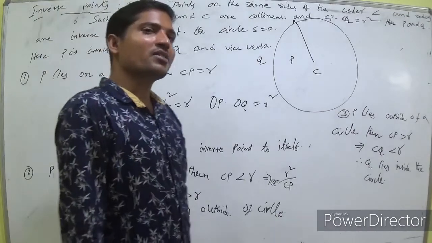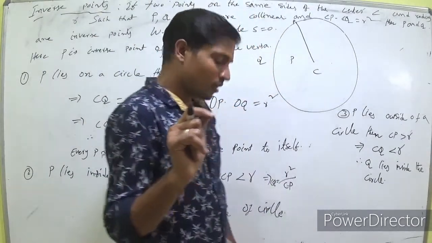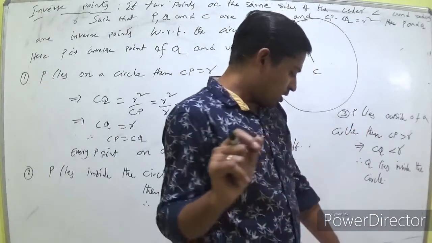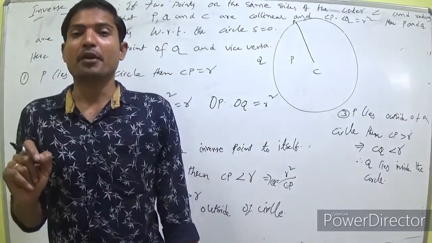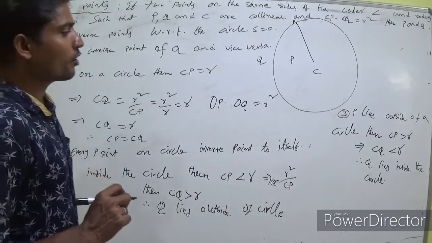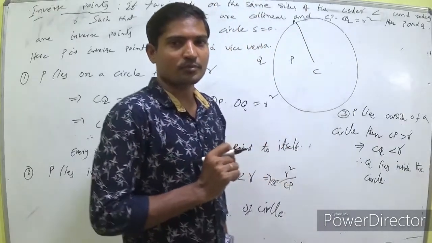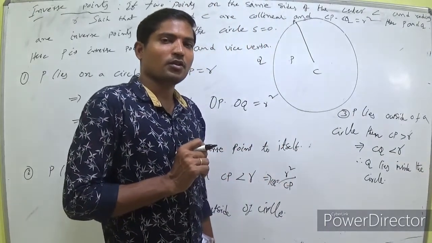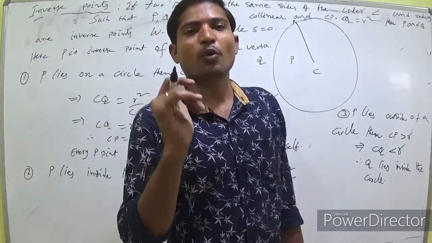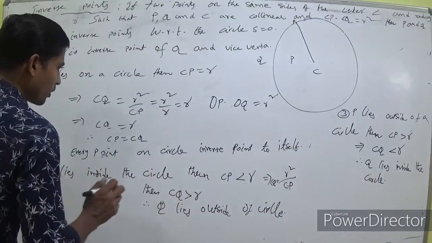Then Q is the foot of the perpendicular drawn from P on the polar of P. Important point.